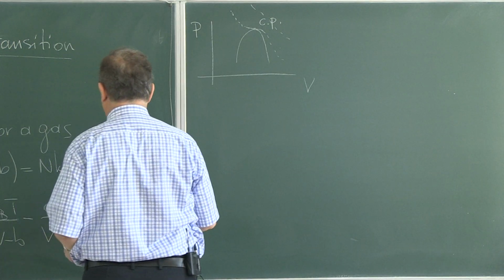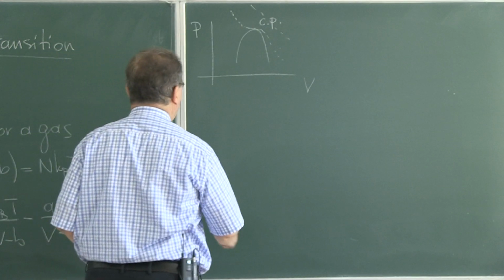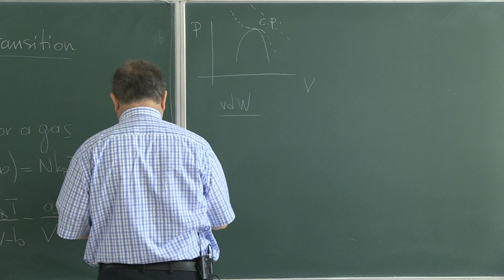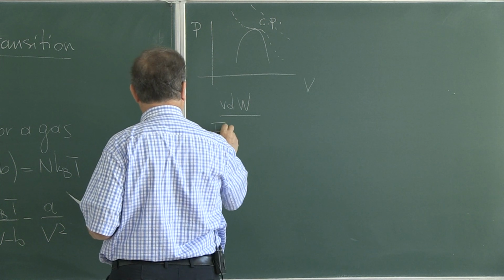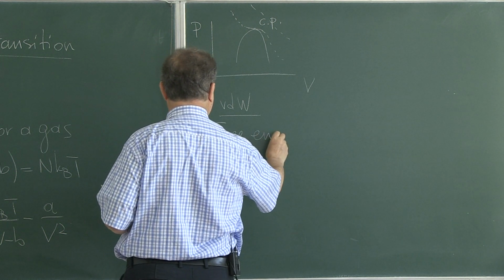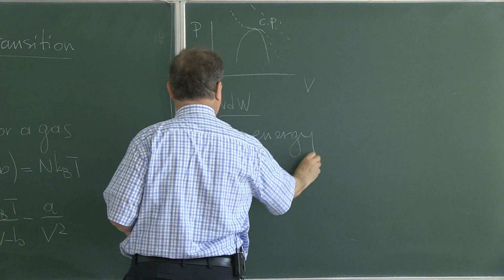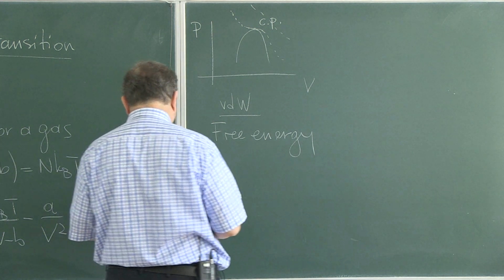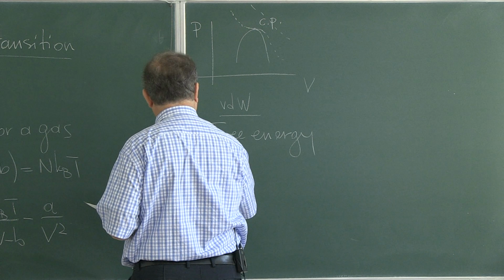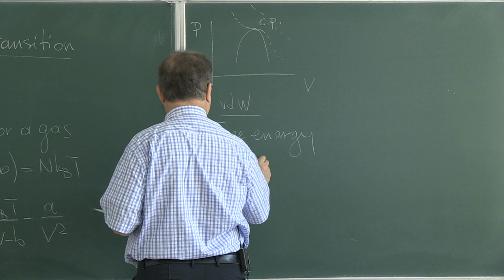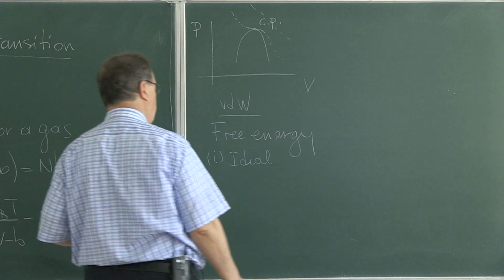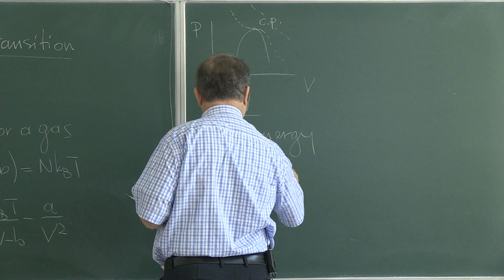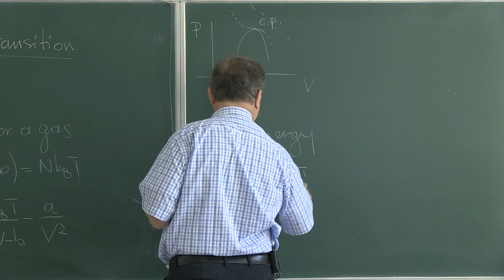Well, let's continue with this van der Waals description. Let's calculate the free energy. For the ideal gas, it is P equals NkBT over the volume, isn't it?